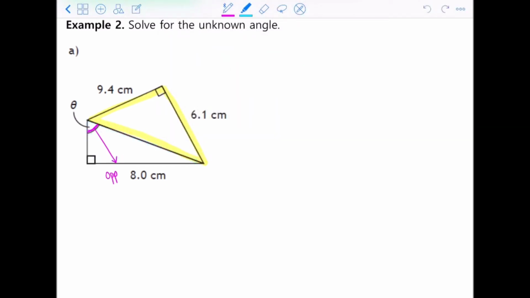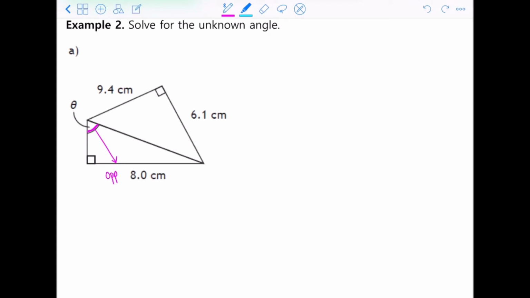Okay, so let's think about what we need minimum to find the angle theta. We do need at least two sides to figure out the angle in a right triangle. Either we need to know this side over here, or we need to know this side over here. How do you decide what we really need to figure out?